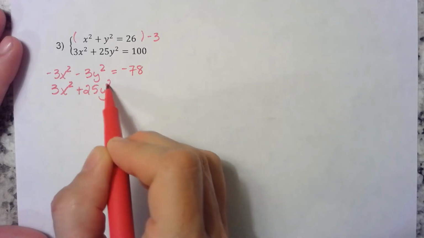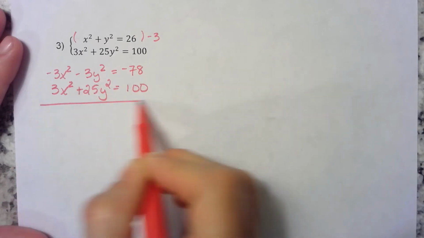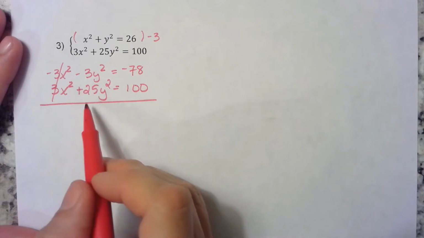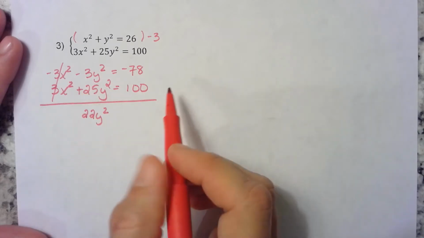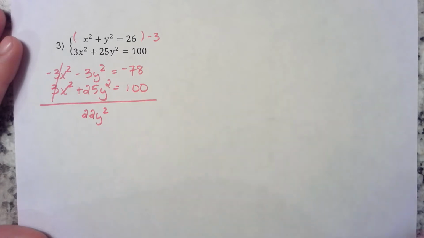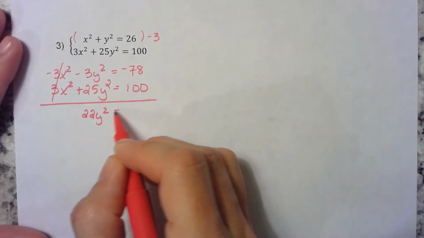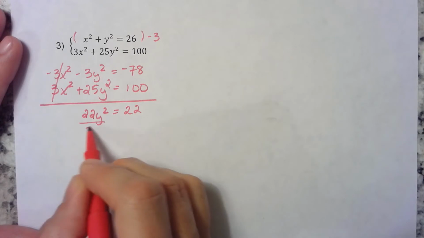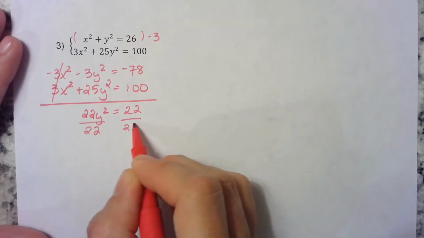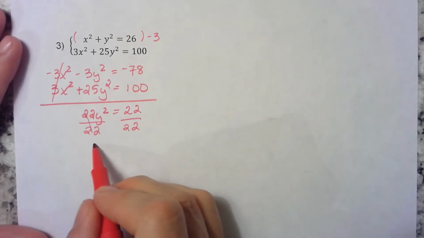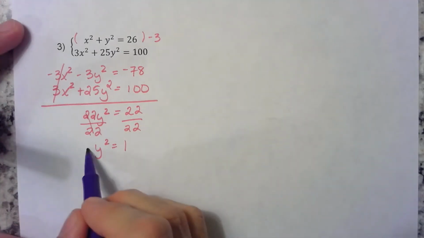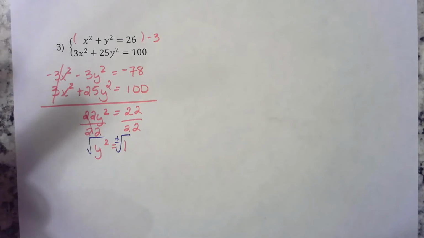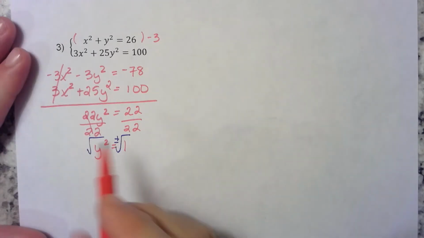Negative 3 plus 25 is what? 22. And 100 minus 78 is also 22. Divide by 22. And we end up with y squared is equal to 1. When we take the square root of both sides, don't forget plus or minus, we end up with y is equal to plus or minus 1, which is the square root of 1.